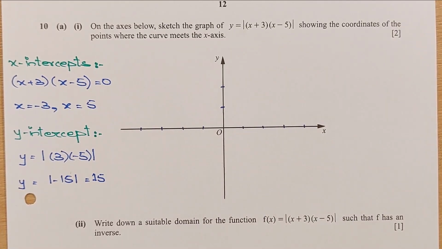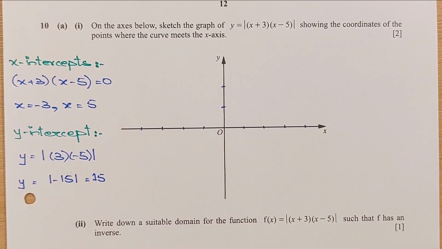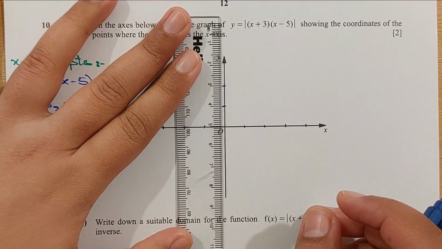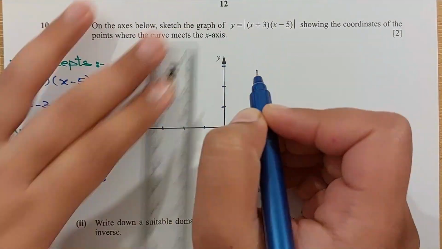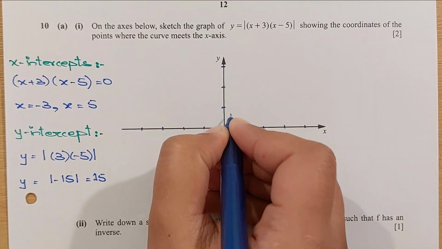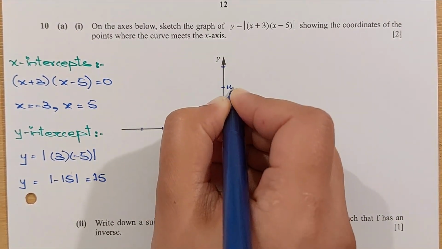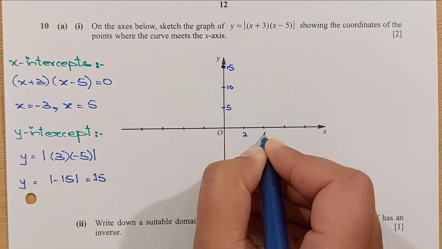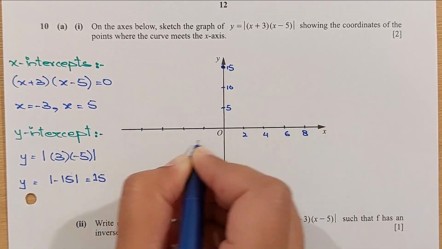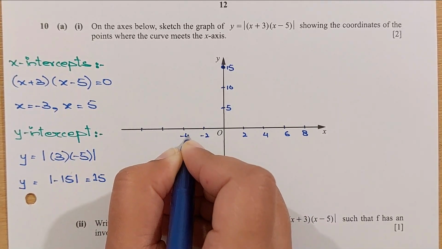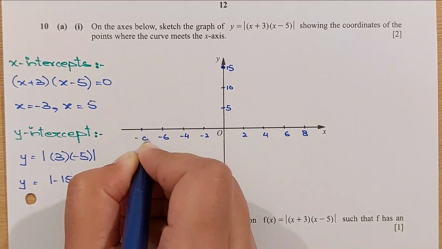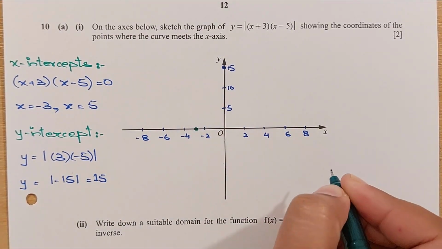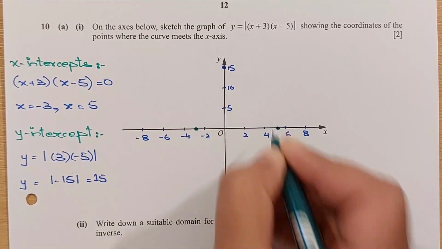Let me check the y-axis. So this point we can say is 5, 10, and 15. For the x-axis, we have 2, 4, 6, 8, -2, -4, -6, -8. We have -3 over here, and we have 5 over here, right?